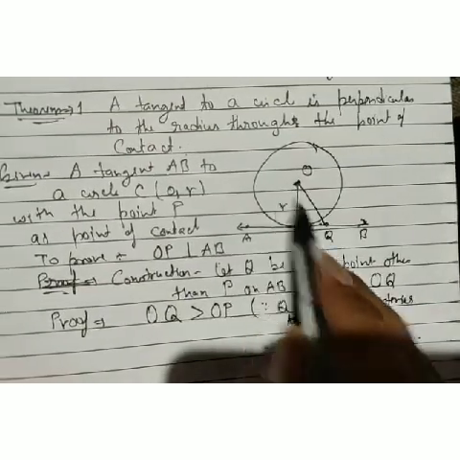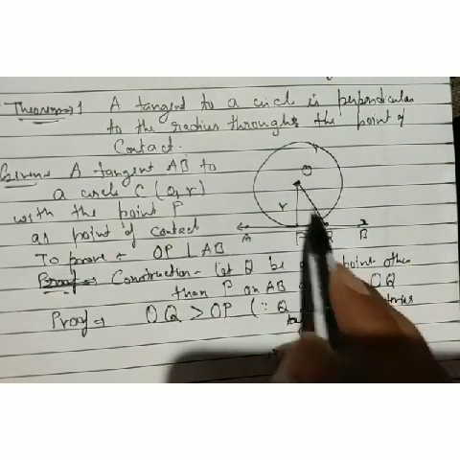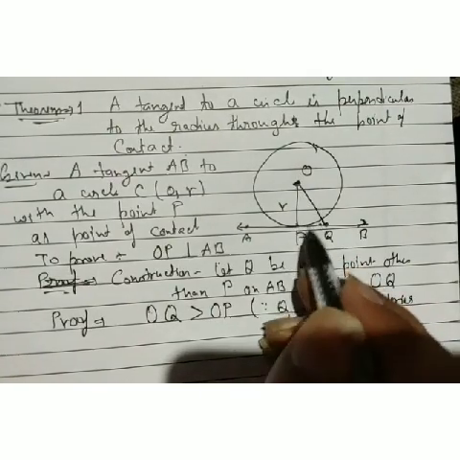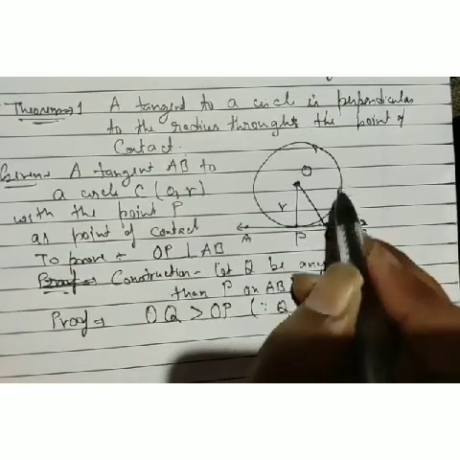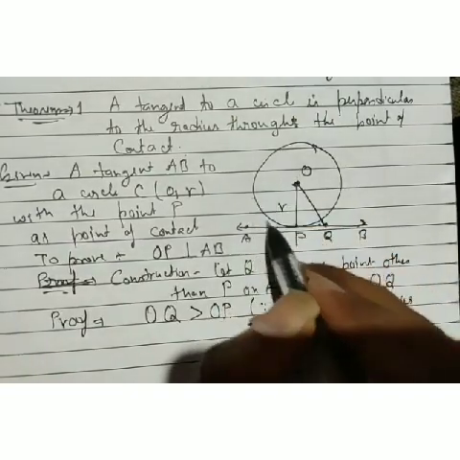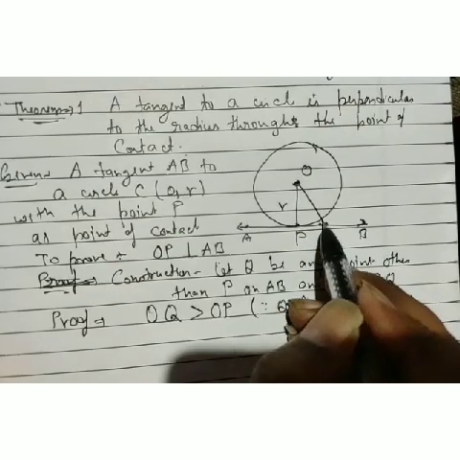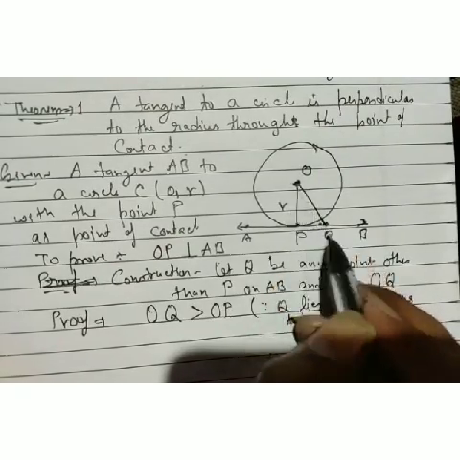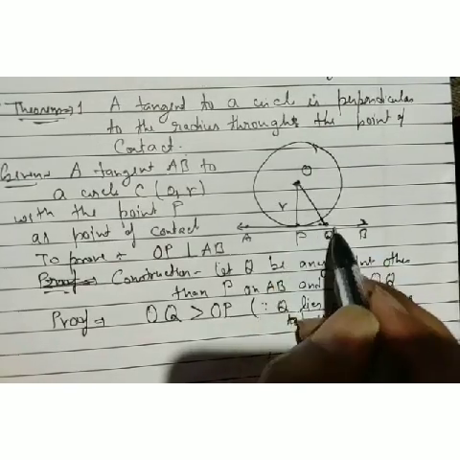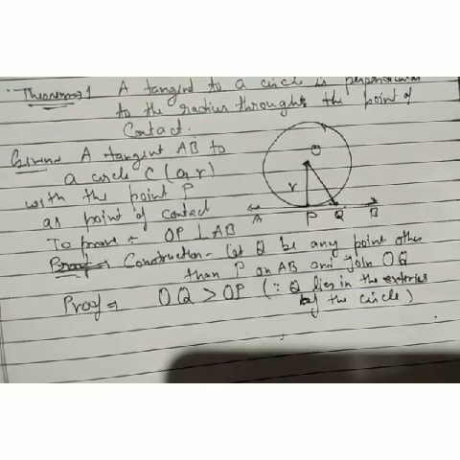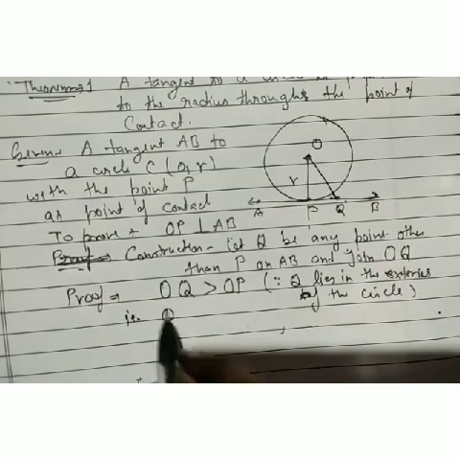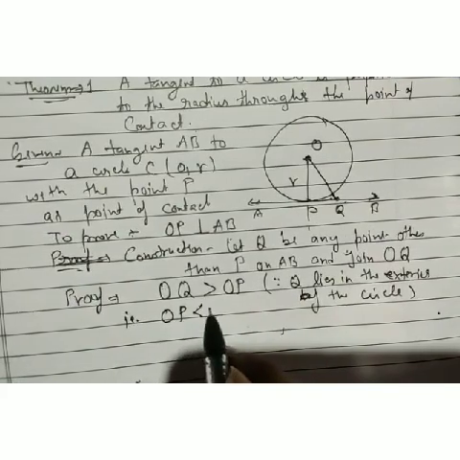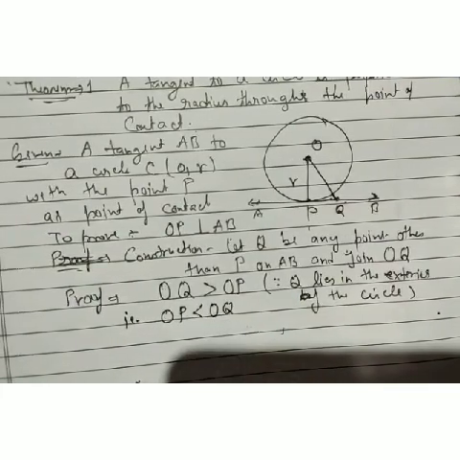Obviously P lies on the circumference of the circle, but Q is exterior to our circle. Then obviously this length OQ is greater than OP. That means our OP is less than OQ.